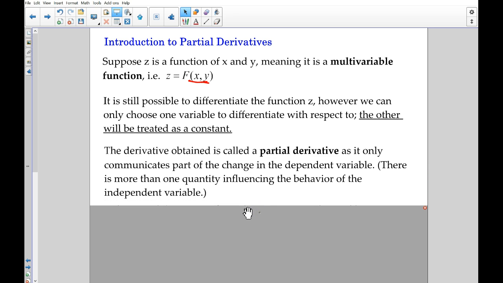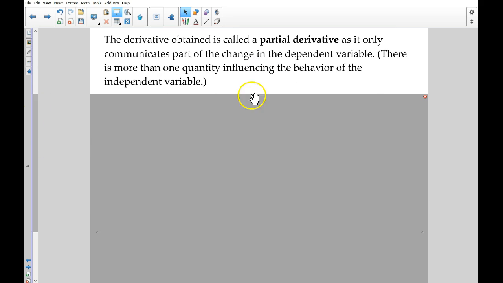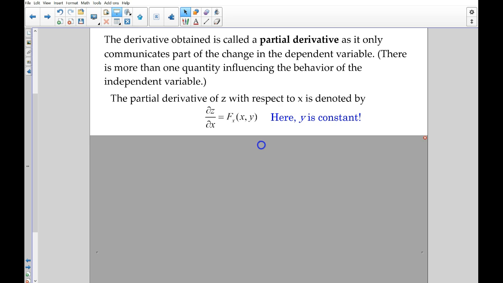And so we get a partial derivative out of all of this, and the notation that we use looks like a squiggly d. So the partial derivative of z with respect to x is denoted by this symbol. I call it del, D-E-L. So I would say this is del z over del x.